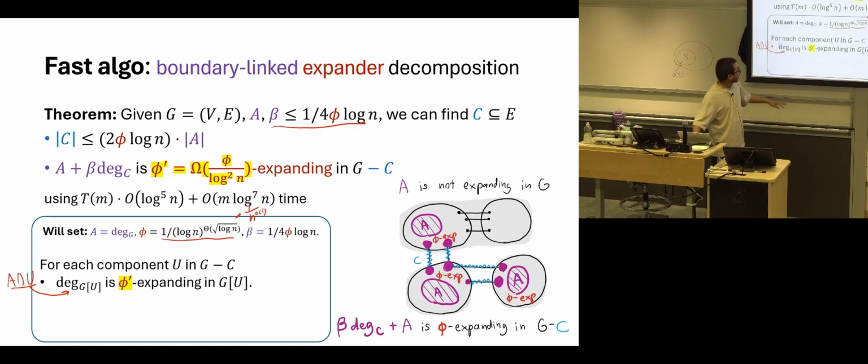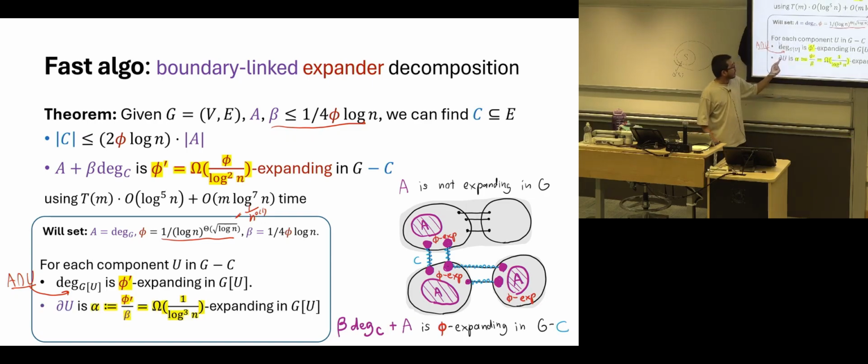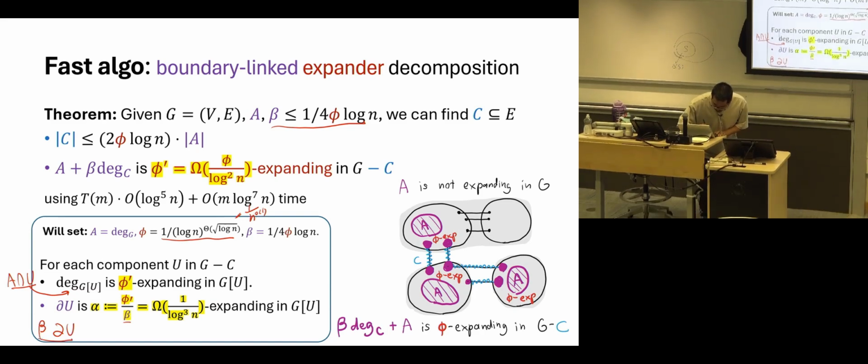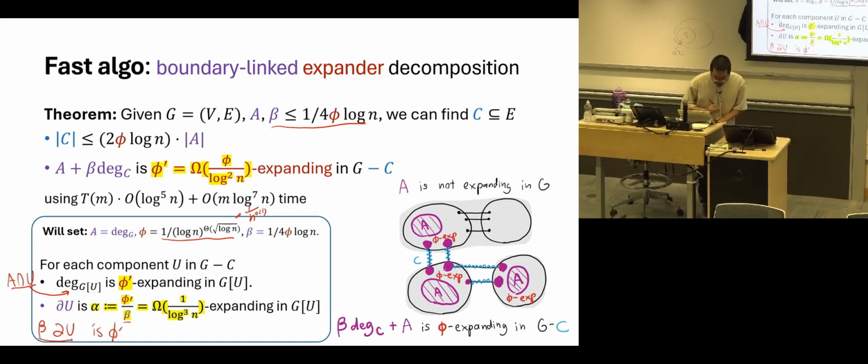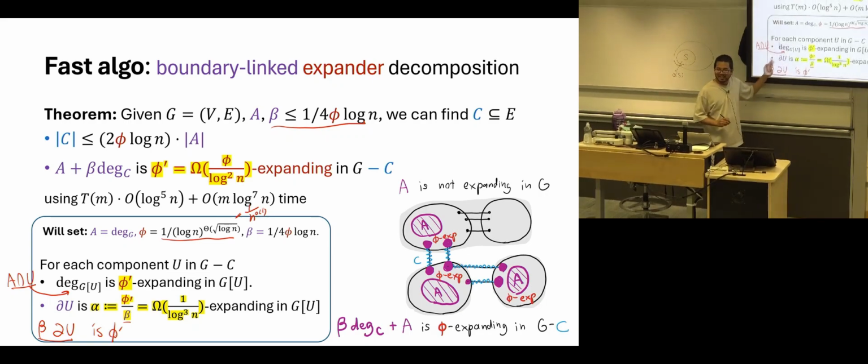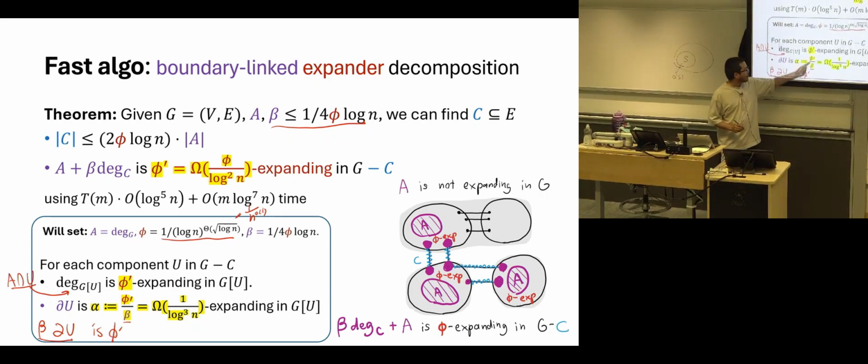But the boundary here is going to be phi prime over beta expanding, because you know that beta times the boundary is phi prime expanding.